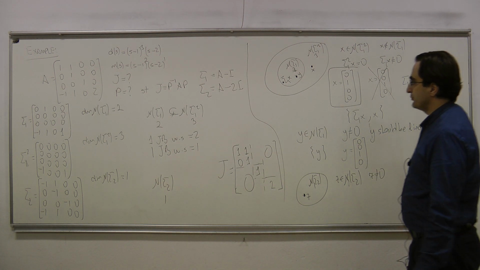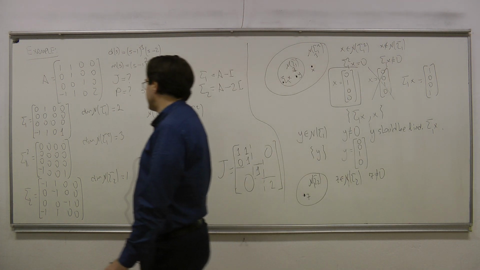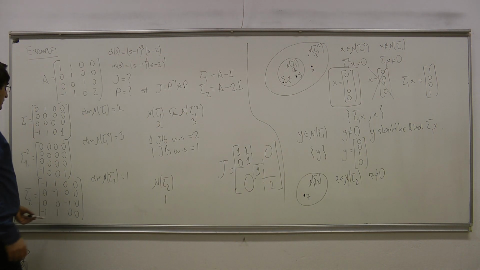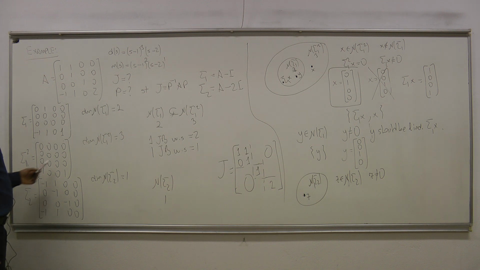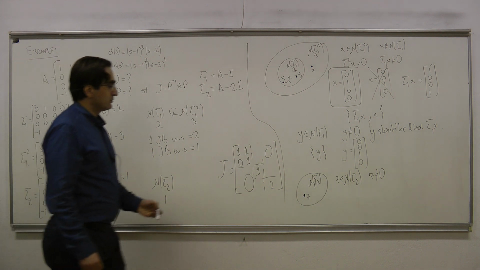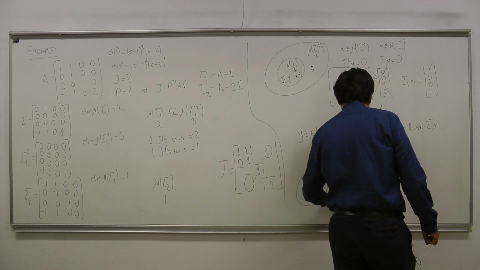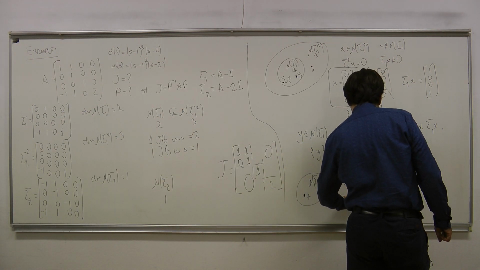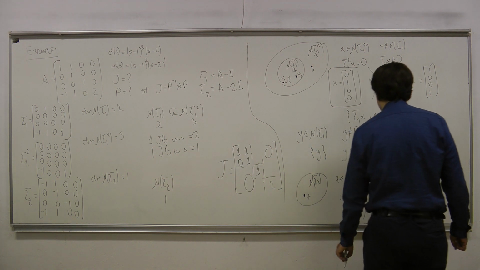And here I need to find a single non-zero vector corresponding to the null space of this matrix. So we see that in the null space of this matrix, I have the vector 0, 0, 0, 1. So I can choose my z vector as 0, 0, 0, 1.